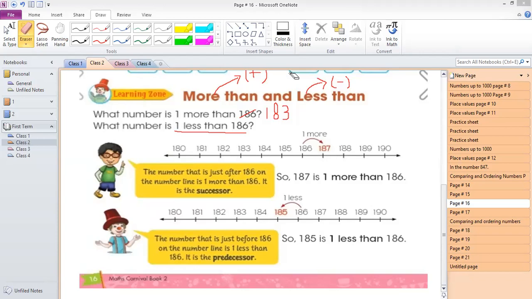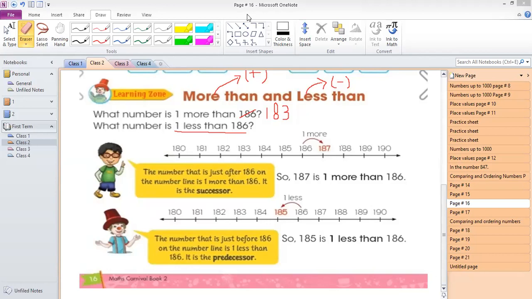What about other students? Muhammad Talha, Umar Mohsin, very good. Taimullah, very good. I'm going to open your mic and you will tell me, guys. Yes, what is one more than 183?